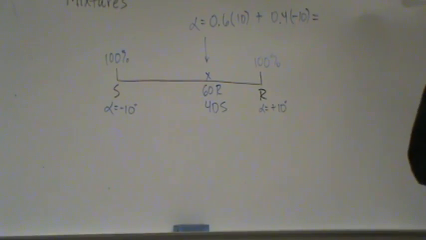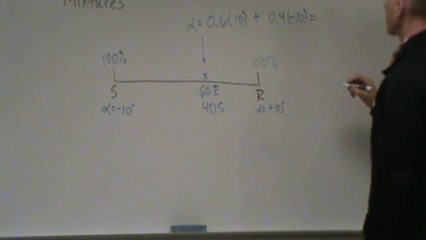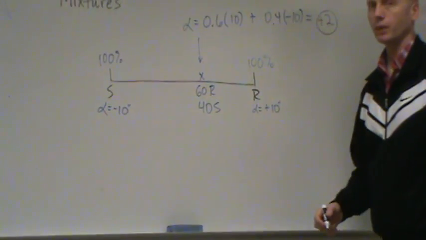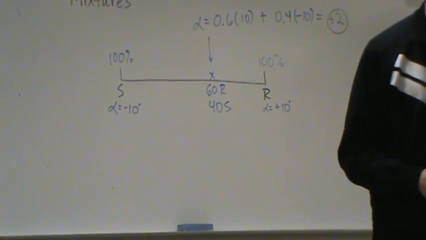And what would that add up to? 2. Okay, plus 2. Be able to do that in your head. You shouldn't have to pull out a calculator for that. Give me a break.